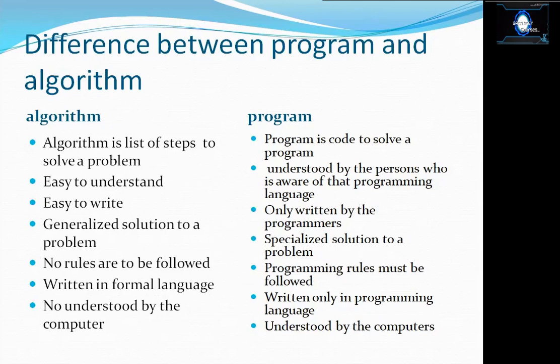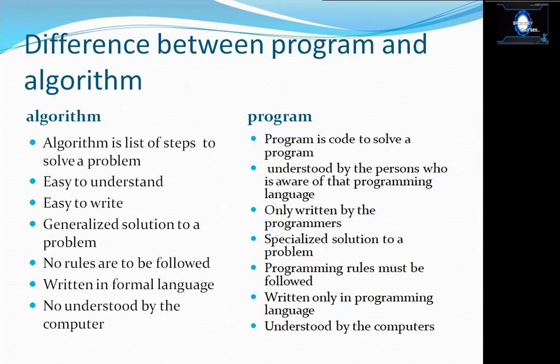Now the difference between the program and the algorithm. An algorithm is a list of steps to solve a problem, whereas a program is code to solve a problem. An algorithm is easy to understand, whereas a program is understood only by persons who are aware of that programming language.